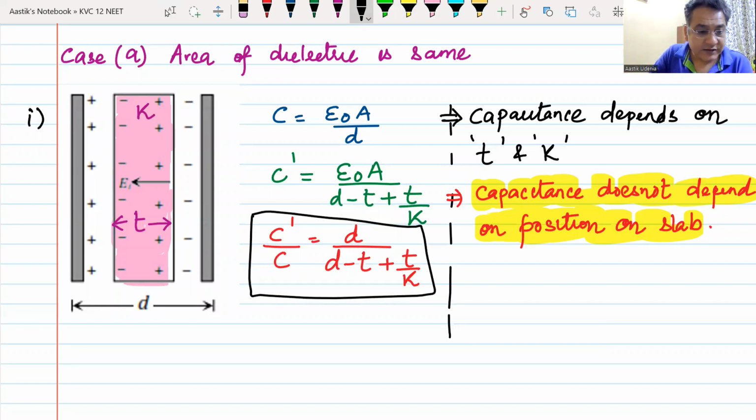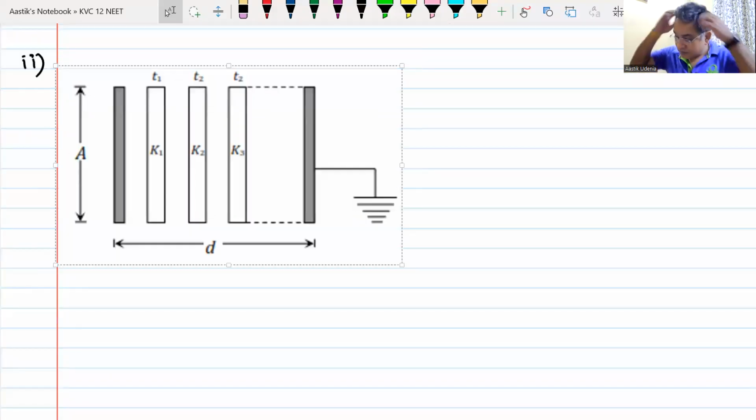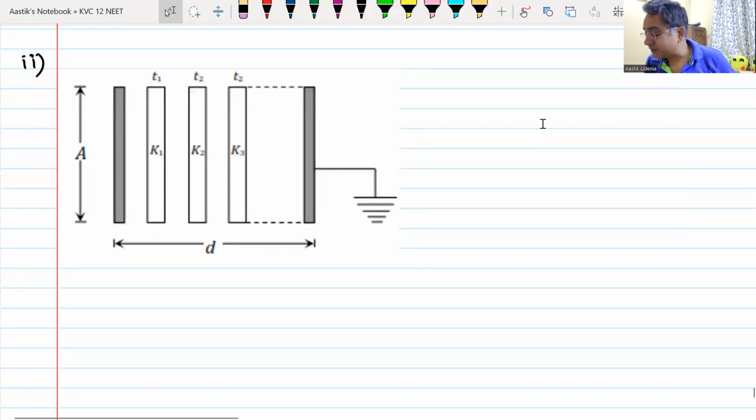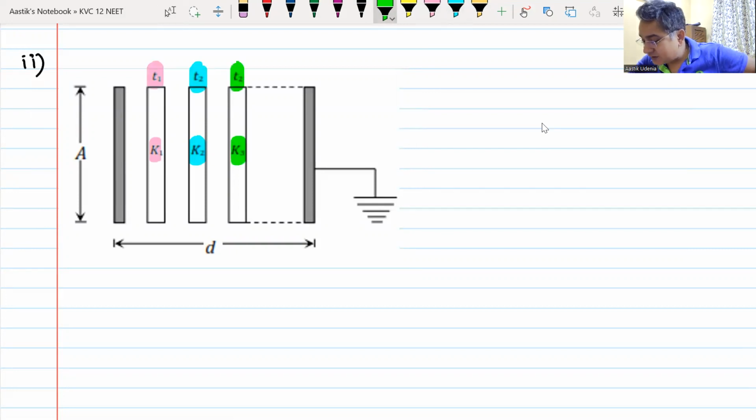Case number 2, we have more than one dielectric, K1, K2, K3, and so on. A large number of dielectrics put. One of them is K1, thickness is T1. Please first understand, then you write. One of them is K2, thickness is T2. The third one is K3, thickness T3, and so on.